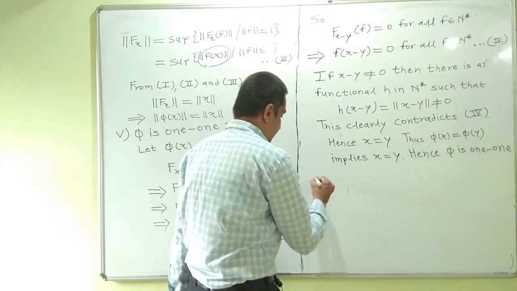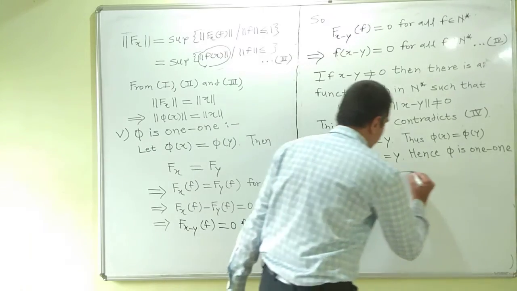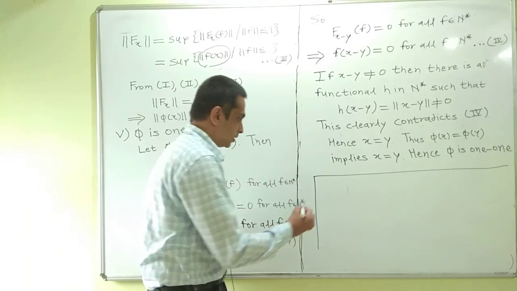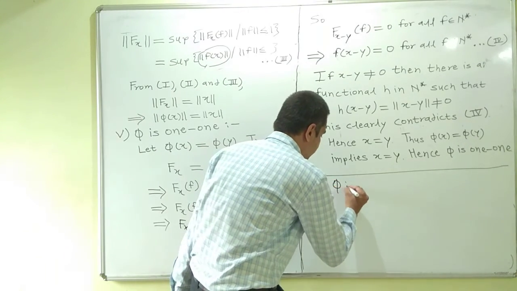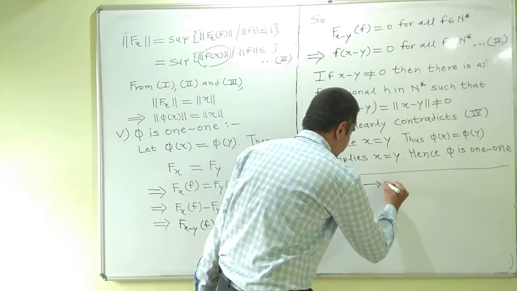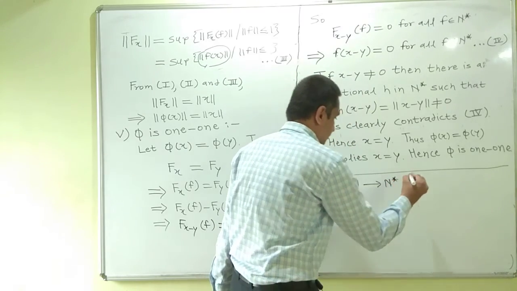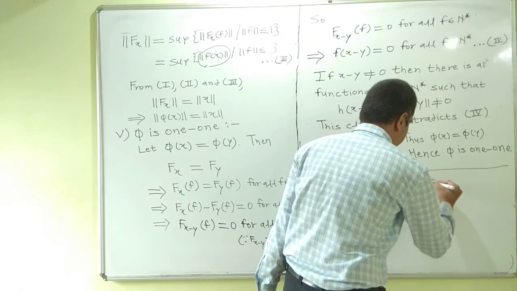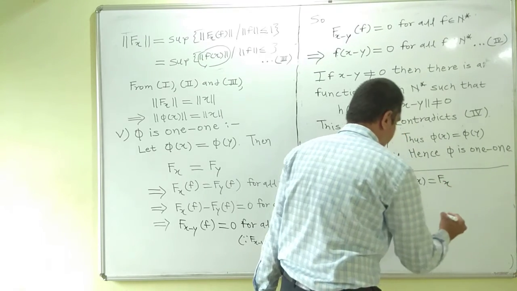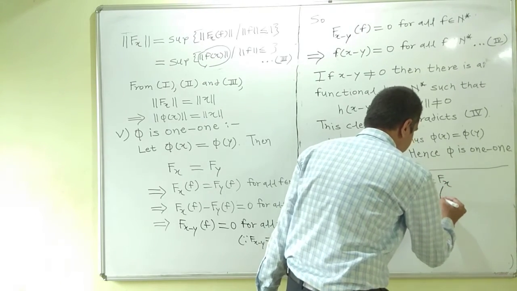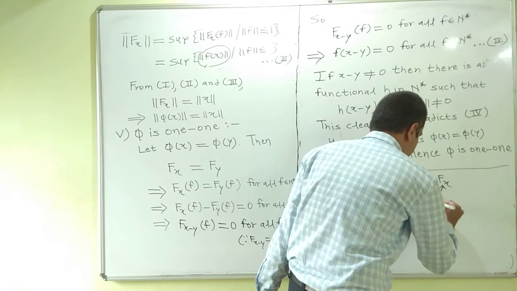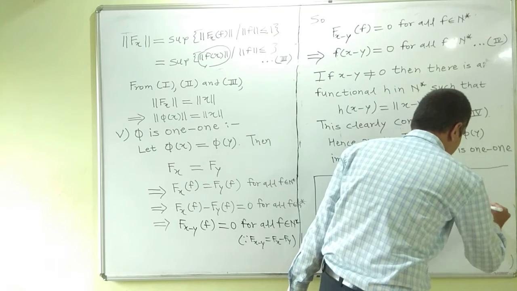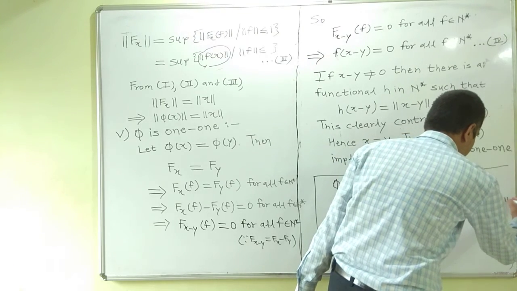Let me revise what properties we have proved. So this is a brief revision of the proof which we have done. Phi we defined from n to n star star. We defined it as phi x is equal to fx, where fx in turn is defined as fx of f equals f of x, where f belongs to n star.